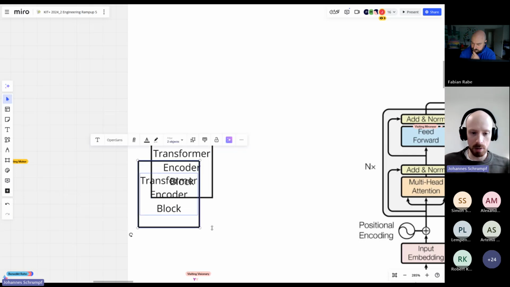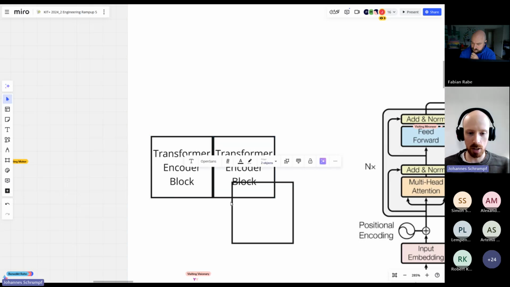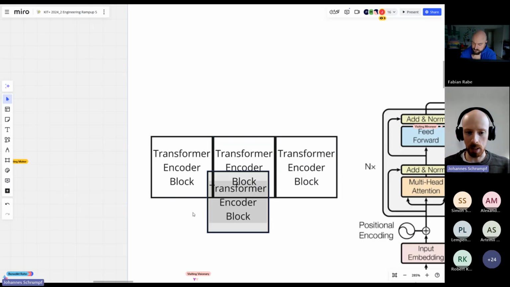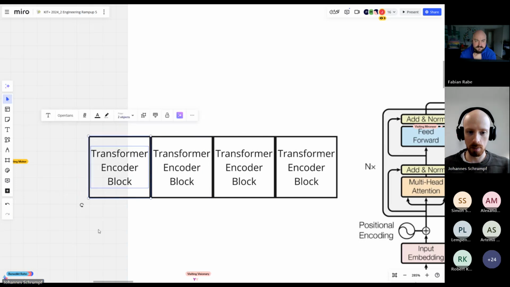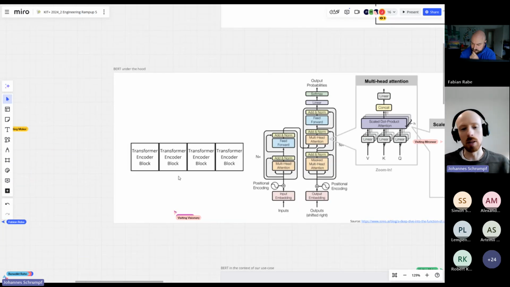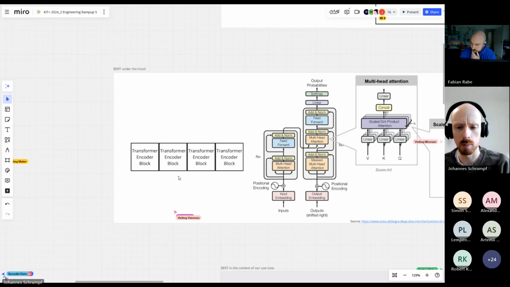And then what you do is you just stack them. You have multiple of these blocks, and you can stack arbitrarily many. In the case of BERT small, it's 12, I think. And in the case of BERT large, it's 24. And you just stack them together.